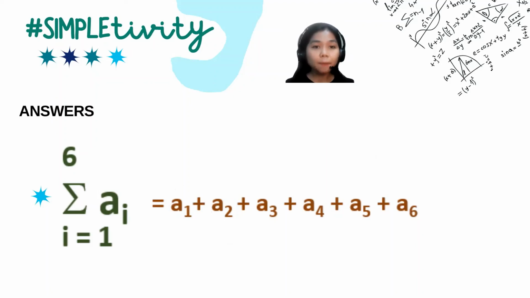So for the summation of ai as i goes from 1 to 6, you just use 1 up to 6 in replacement of the summation index, which is i. So summation of ai as i goes from 1 to 6 is equal to a1 plus a2 plus a3 plus a4 plus a5 and plus a6.